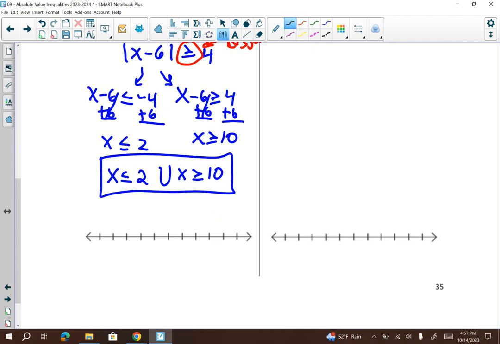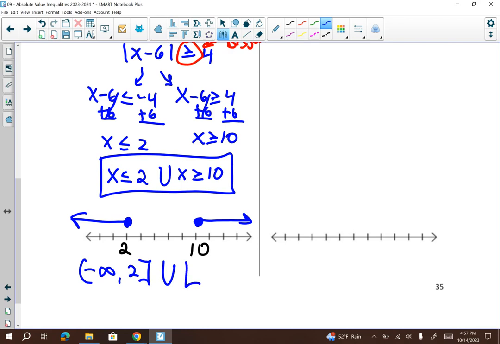When we're graphing on the number line with our absolute value inequalities, it's okay if we just put our two critical values and then make our graphs. Right, we've got our disjunction showing all the values less than 2, all the values greater than 10, and then we can do our interval notation also.